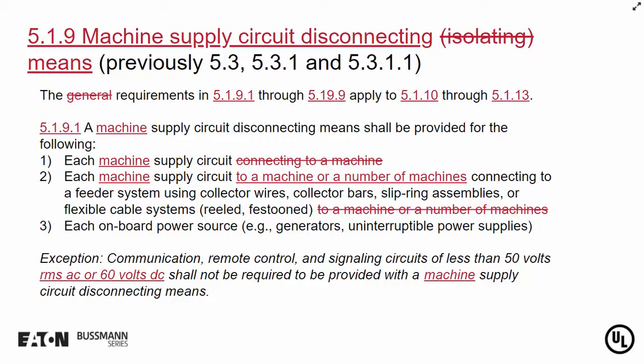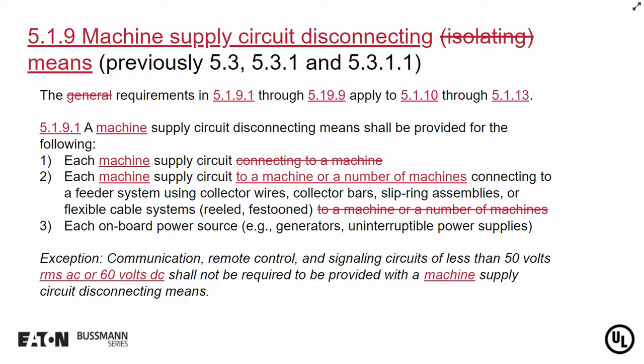You see a lot of renumbering going on at the top. That basically is necessary with the restructuring of the chapter. The term general was removed. We felt that was unnecessary. Connecting to a machine was deleted.